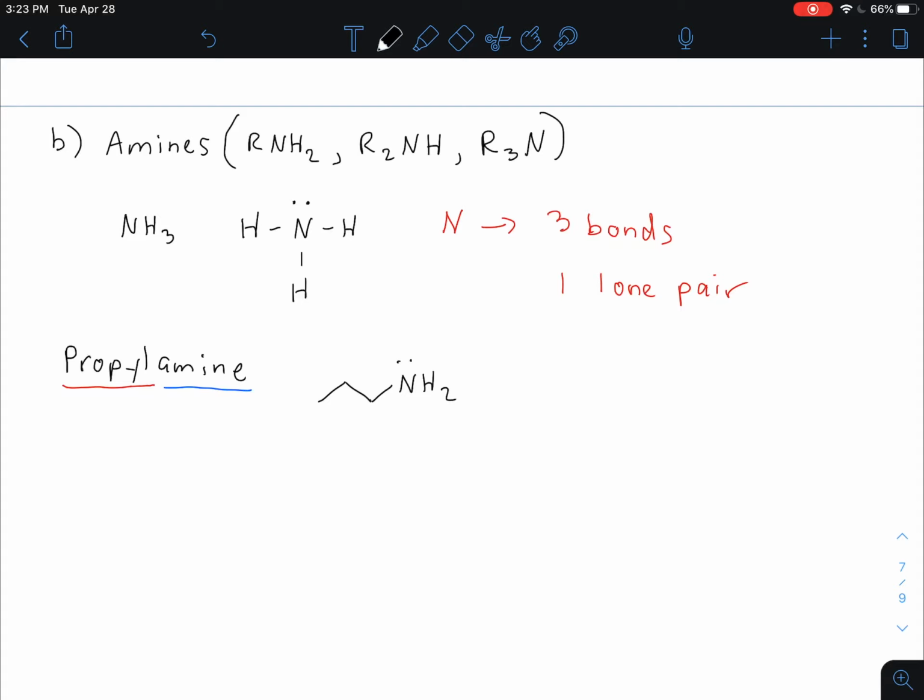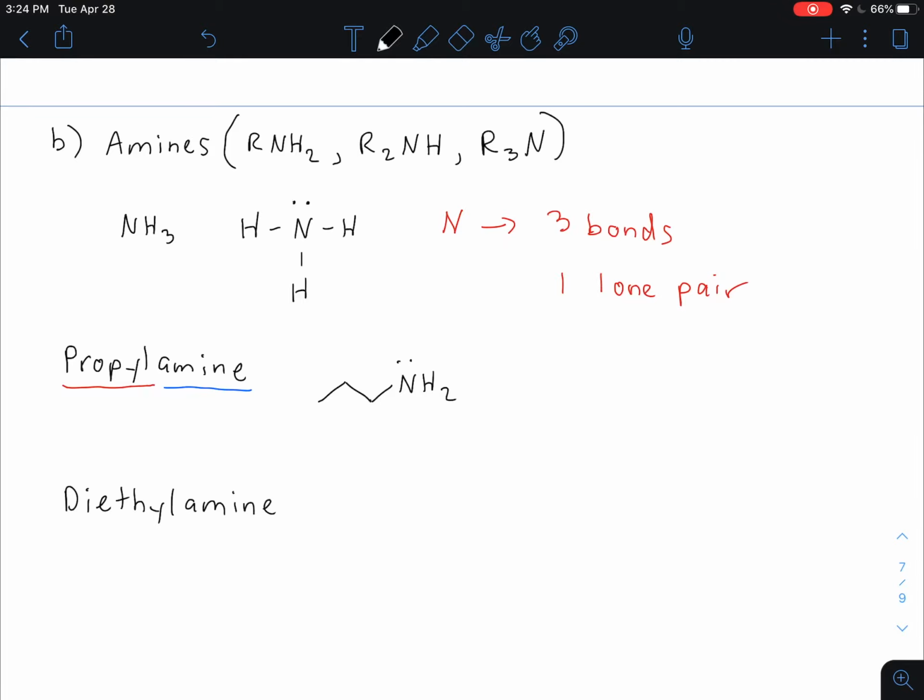And you can put the lone pair if you want there, but it's not necessary for the structure. So that nitrogen's attached to 2 hydrogens and 1 carbon, and it has a lone pair, so it's satisfying its valence of 5. And it's telling me about a single propyl group attached to that nitrogen, so that's propylamine.